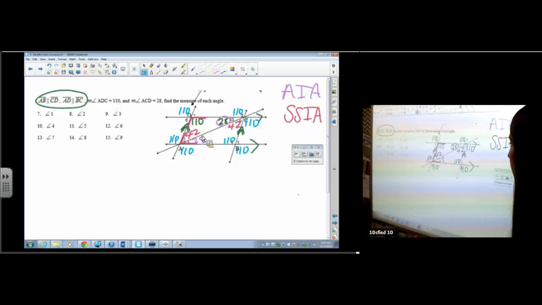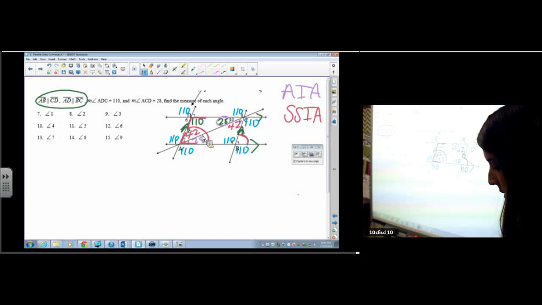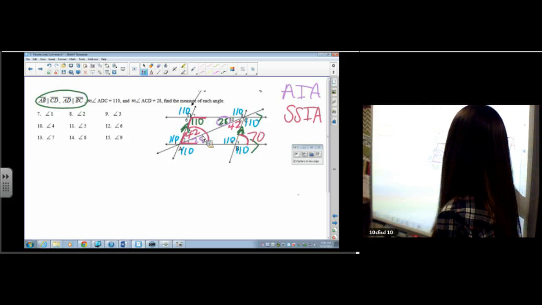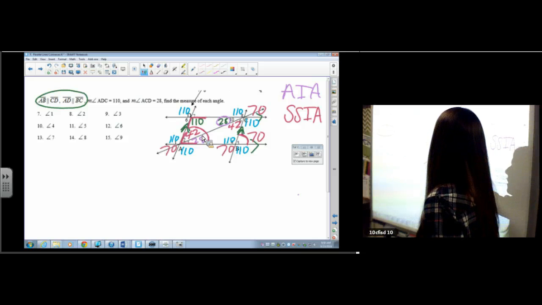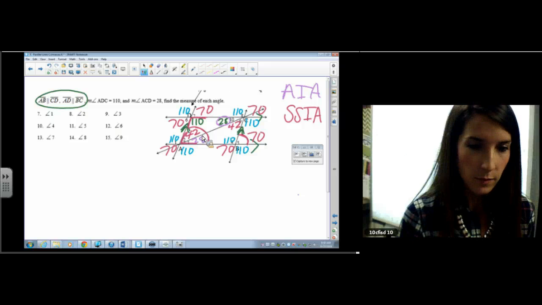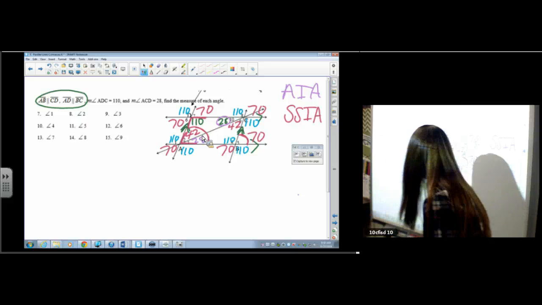We need to do angle 5. That's just angle addition because angle 5 is the same as that angle. So 42 plus 28 is 70. So that one's 70. It's just the linear pair to 110. 70, 70, 70, 70, 70, 70. Linear pairs, lots of them. All right, so that's that one.